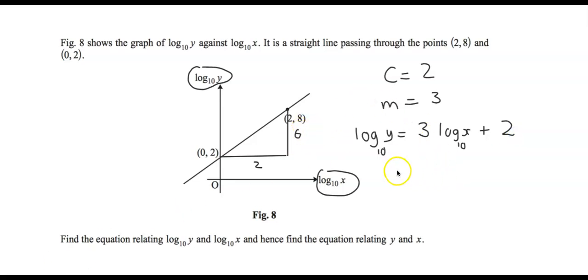So what we can then do is we can take the 3 to the top using a relevant rule of powers of logs. So then we can say that's going to be log of x cubed to base 10.